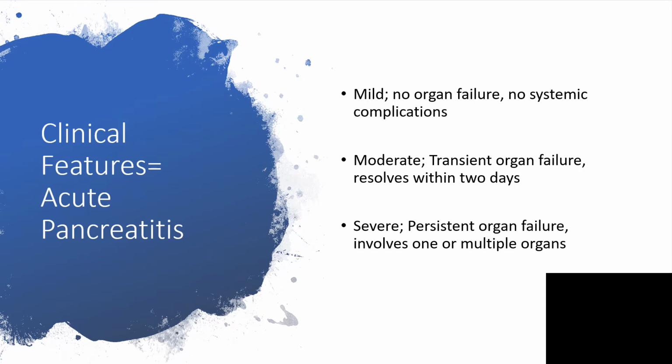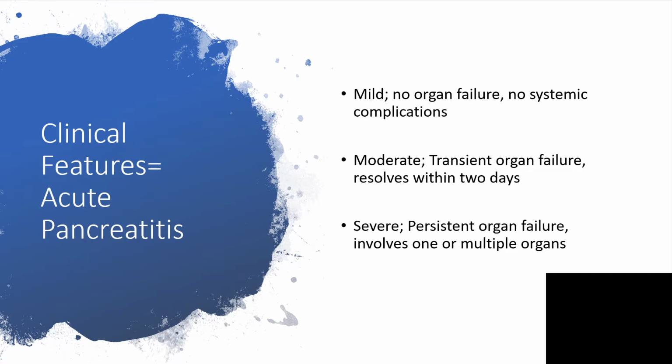The clinical features of acute pancreatitis could be mild, in which case there's no organ failure, no systemic complications. Could be moderate if there is transient organ failure that will resolve within 2 days, within 48 hours.